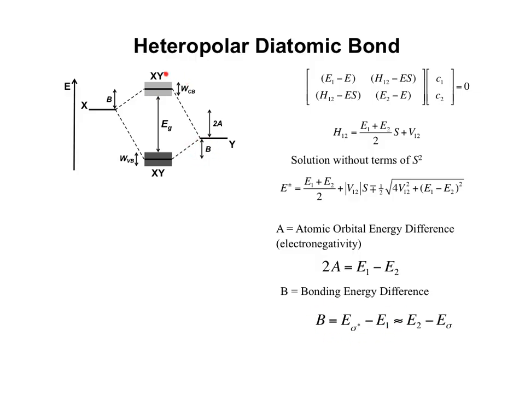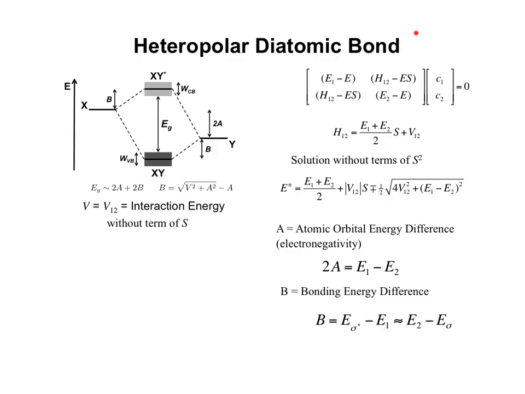Similarly, the antibonding molecular orbital will have an energy higher than that of the electropositive element's atomic orbital by an amount approximately equal to the bond energy B. These two bond energies are the same when we ignore terms of the order of the overlap integral S, so we approximate S equals 0. The gap then between the antibonding and bonding molecular orbitals is given by 2A plus 2 times B.